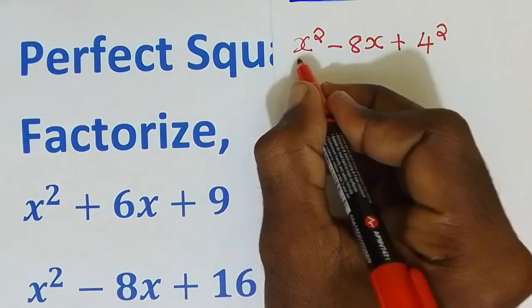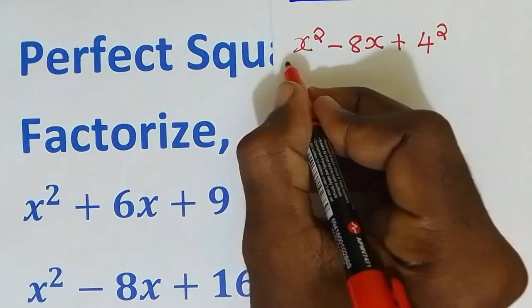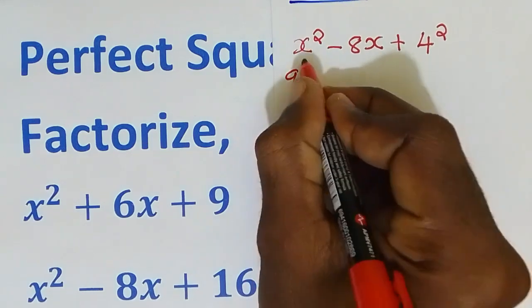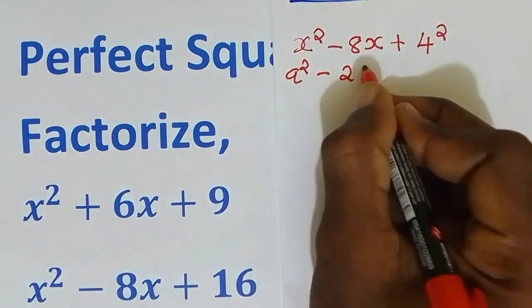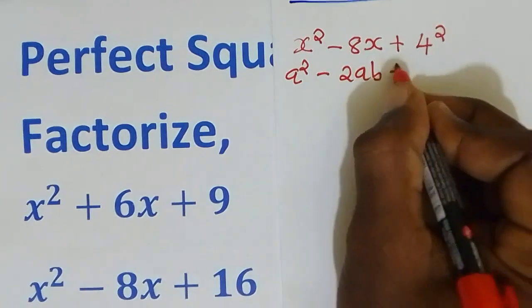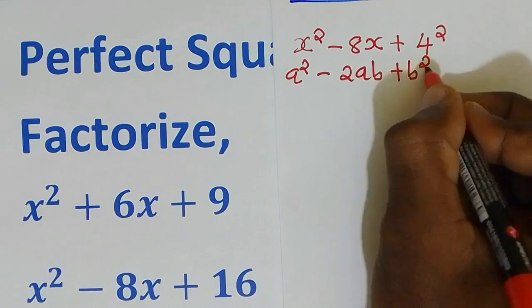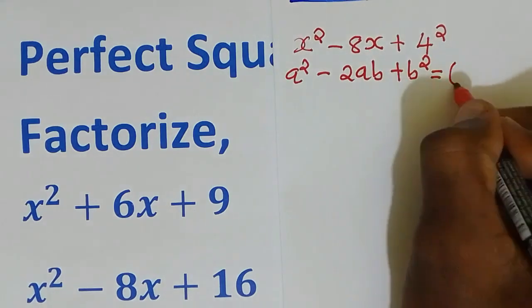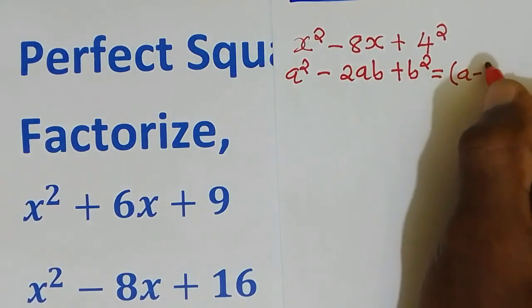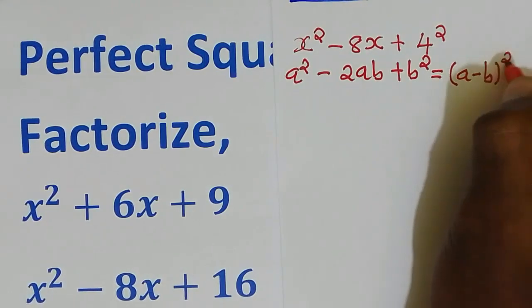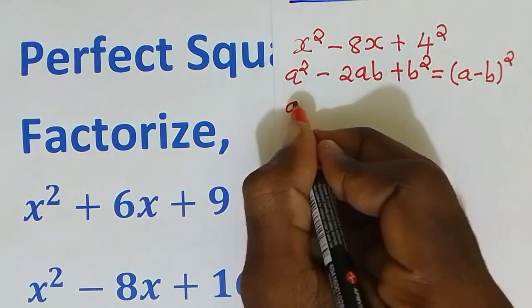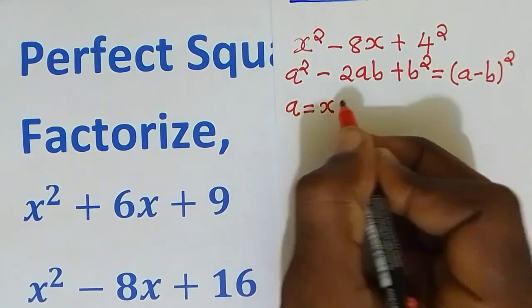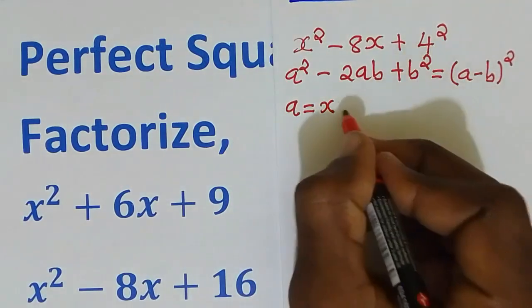I'm going to compare this with the perfect square a squared minus 2ab plus b squared, which is equal to (a minus b) squared. So a is equal to x, b is equal to 4.